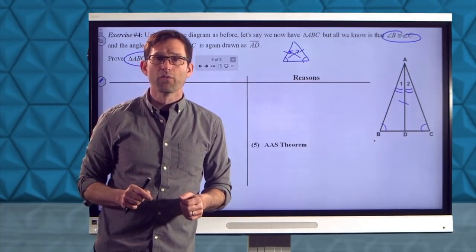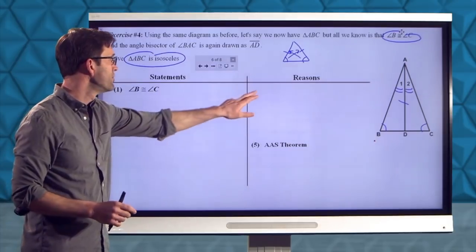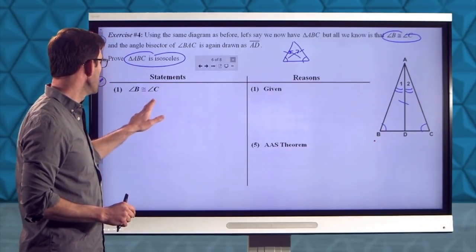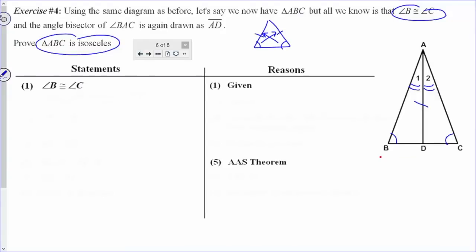So let's take a look at how the proof plays out. Angle B is congruent to angle C. Easy enough. It's given. AD bisects angle BAC.